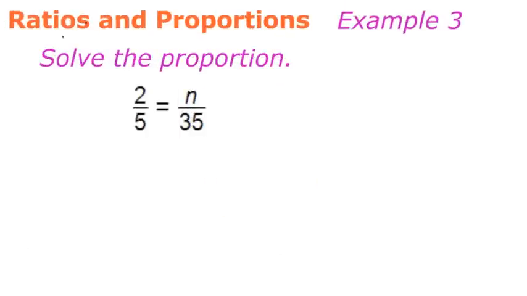In example 3, we are asked to solve the proportion. This is a simple application of the cross products property. Here we have 2/5 is equal to n 35ths, or 2 over 5 is equal to n over 35. Applying the cross products property, we're going to do 35 times 2, and that gives us 70.